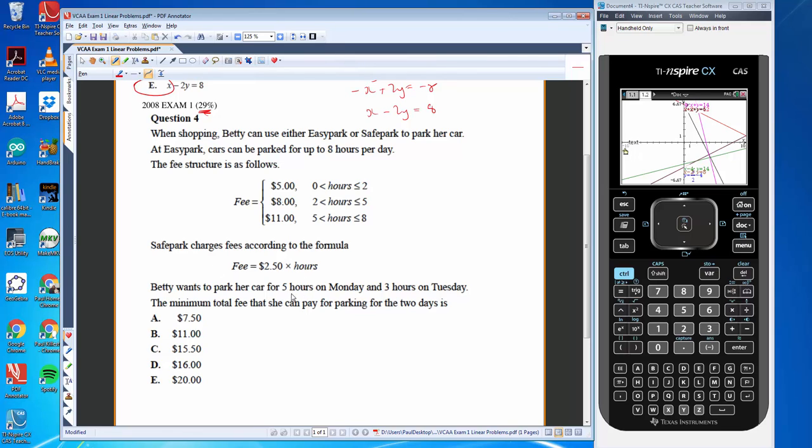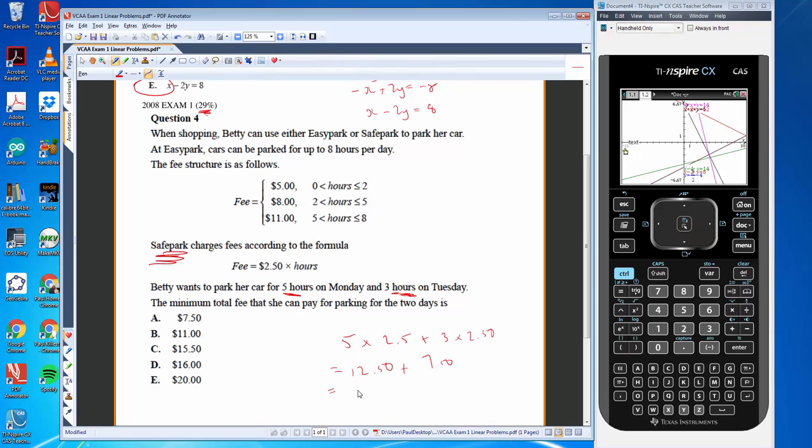So Betty wants to park her car for 5 hours on Monday and 3 hours on Tuesday. Let's have a think about it. What we'll do is work out her fee at Safe Park. So we're going to go 5 times 2.50 plus 3 times 2.50. 5 lots of 2.50 is 12.50. 3 lots of 2.50 is 7.50.